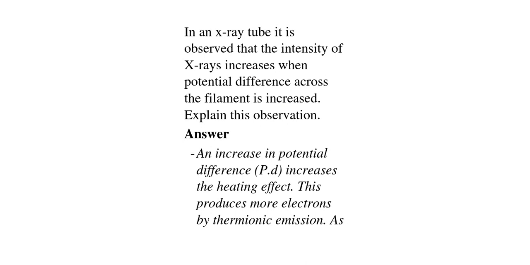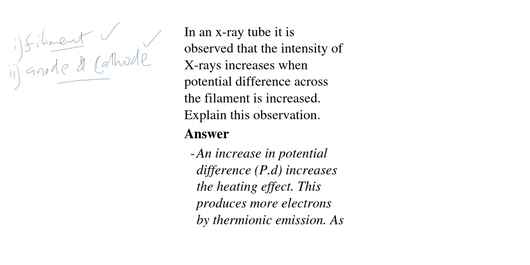And before we answer this question, it is good to know that we have a potential difference across the filament, that is one, and we have a potential difference across the anode and the cathode. So these two are very different.